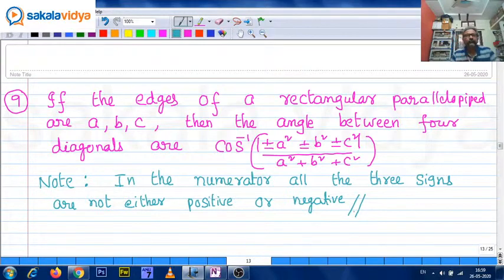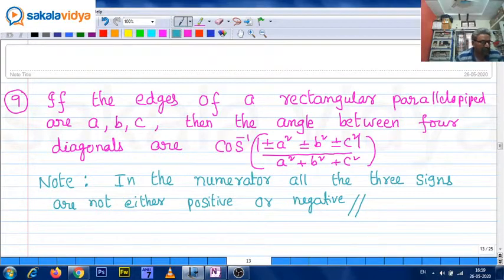Now, for example, instead of a rectangular parallelepiped, if you consider a cube, in a cube all the sides are equal, a equals b equals c. So what is the angle between the diagonals?